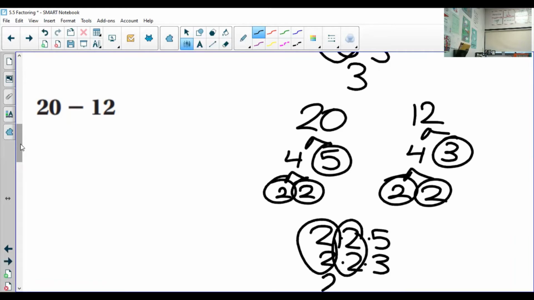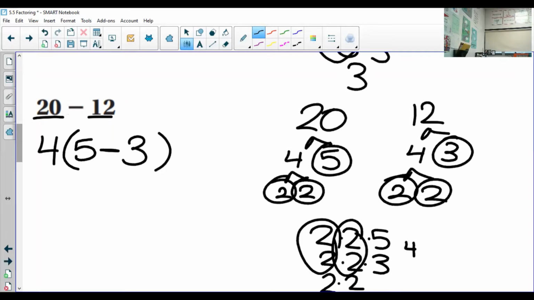My pairs become a 2. These pairs become a 2. What's 2 times 2? 4. So the greatest common factor for 20 and 12 is 4. All right, 20 divided by 4 is 5. This time I have a subtraction, so you need to pay attention to that. And 12 divided by 4 is 3.